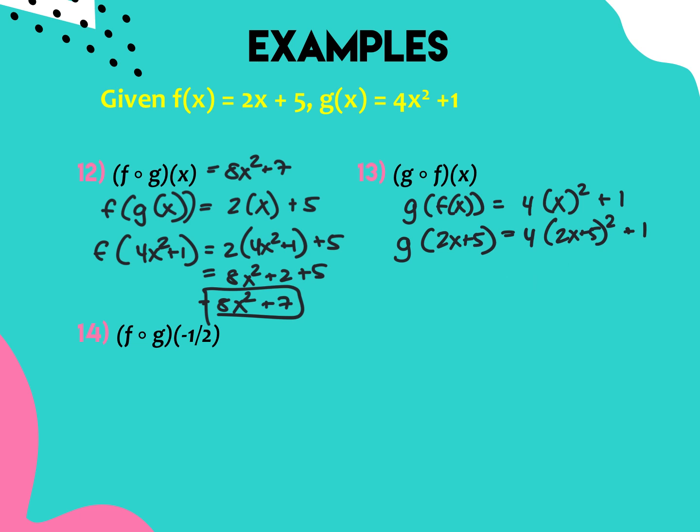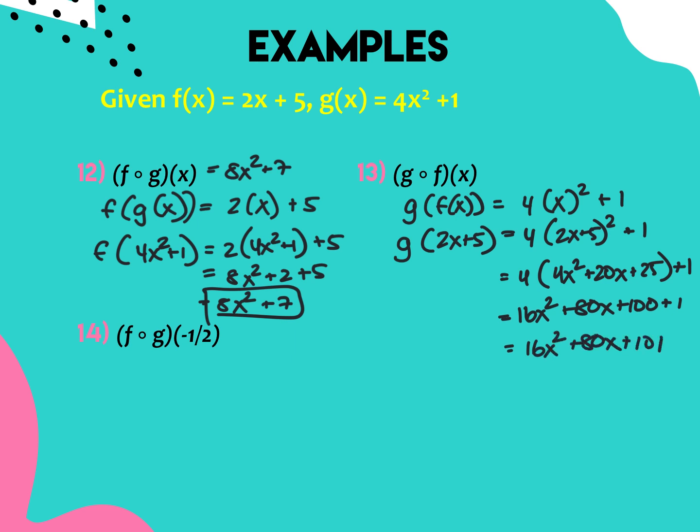Order of operations matters here. So I have to do 4 times 4x squared plus 20x plus 25 plus 1. Multiply by 4, so 16x squared plus 80x plus 100 plus 1. 16x squared plus 80x plus 101. So that's what g of f of x is going to equal.